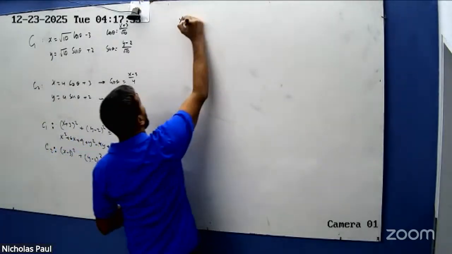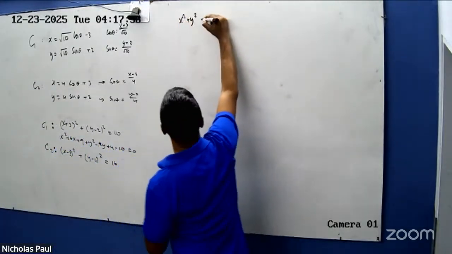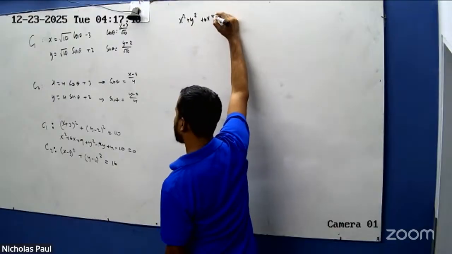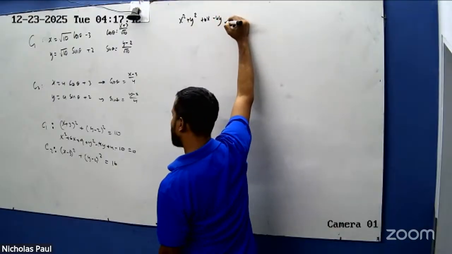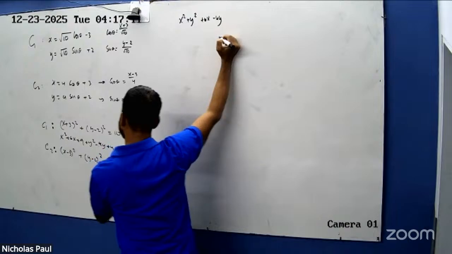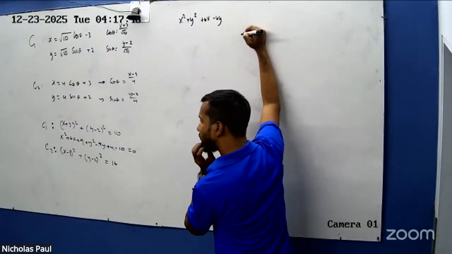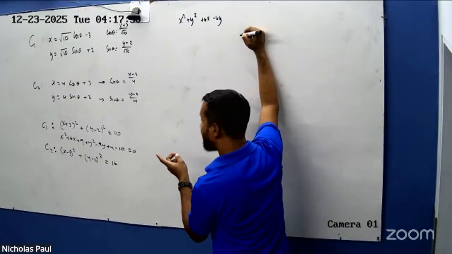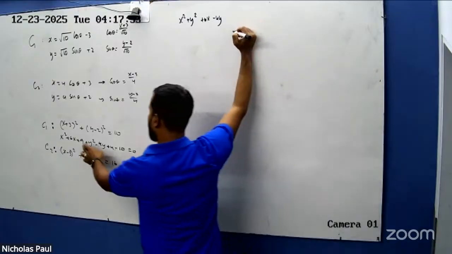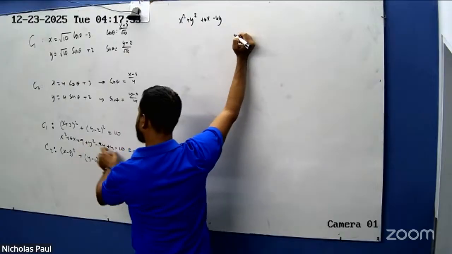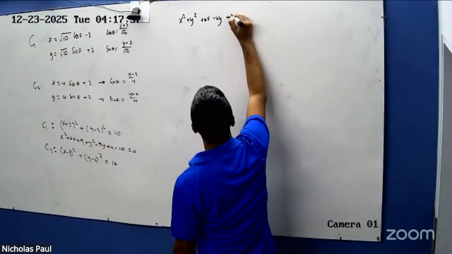So I have x squared plus y squared plus 6x minus 4y, 13 minus 10 is 3.